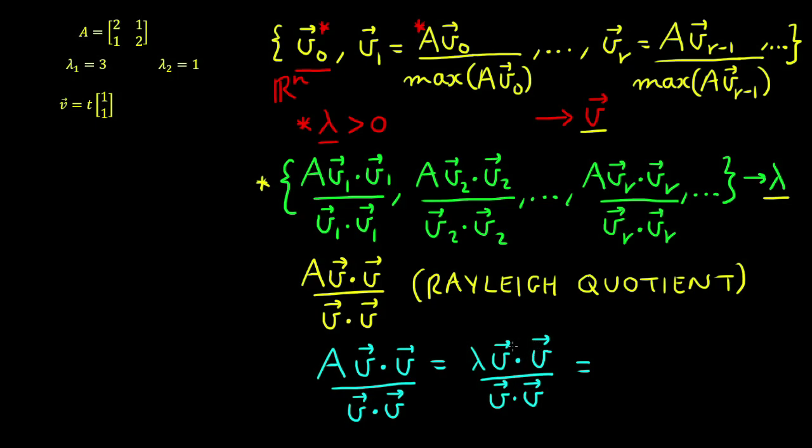Then we can see the two resulting scalars from the dot product in the numerator and denominator cancel, and we end up with the eigenvalue.